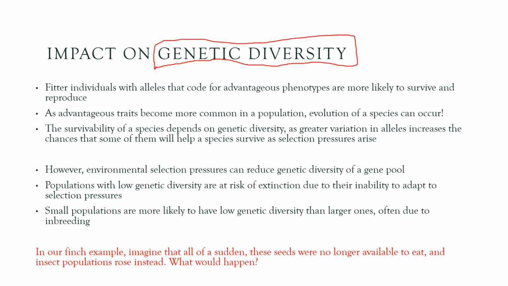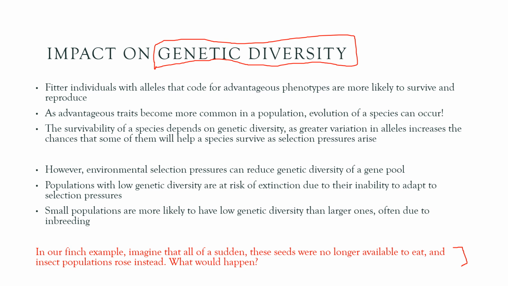Just like in our finch example, we had a fitter individual. This fit individual had an allele that coded for an advantageous phenotype, which was the wider, stronger beak, which made that finch more likely to survive and reproduce.